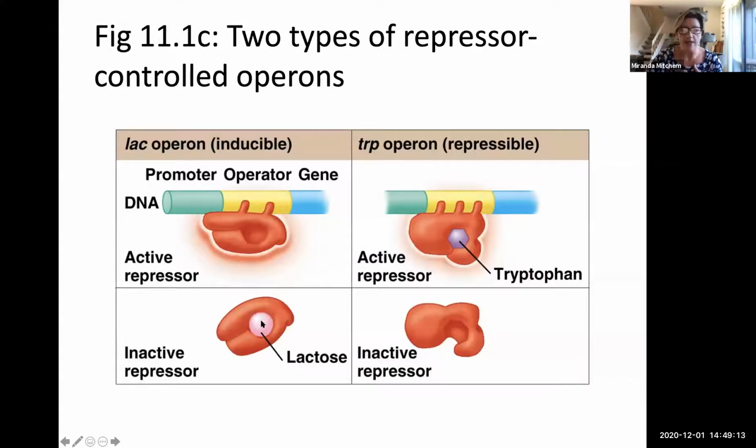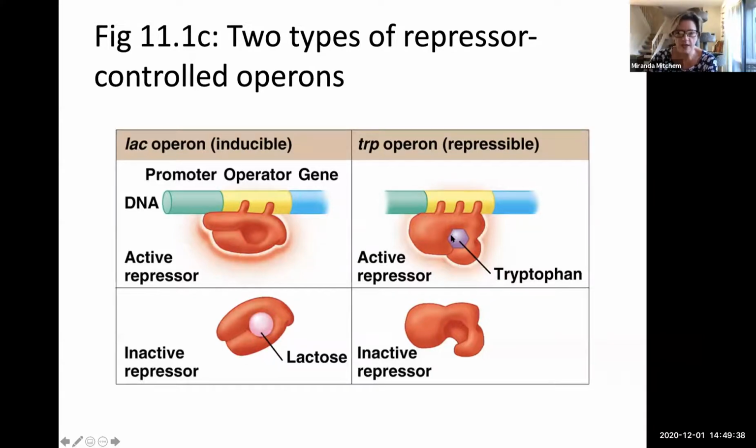So the way I like to think about it is that the presence of lactose induces the lac operon to turn on. In contrast with the trp operon, which is for the amino acid tryptophan, it is inactive when there is no tryptophan present.